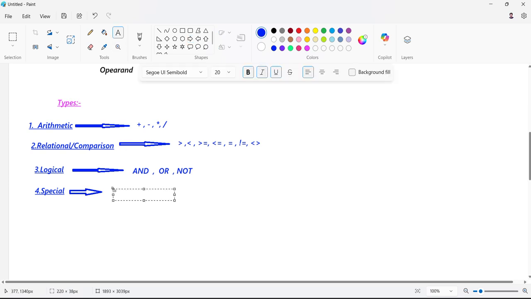In special operator category, we can take in operator, between operator, like operator, is null, then all, then any, then exists.